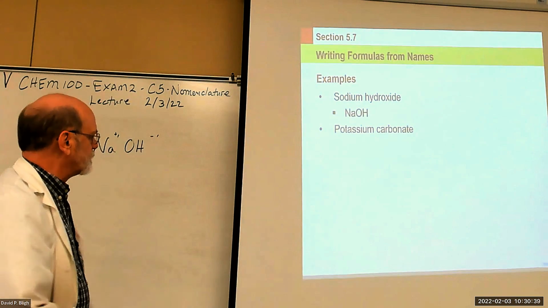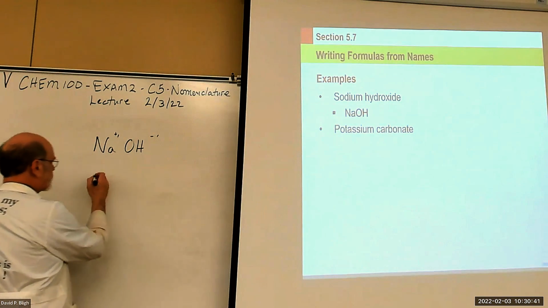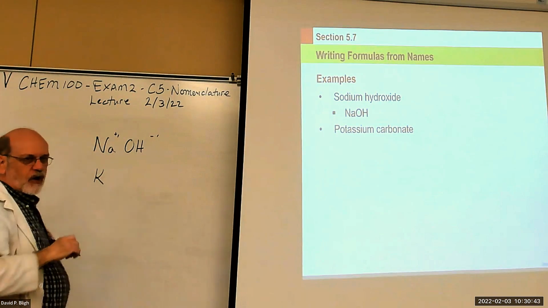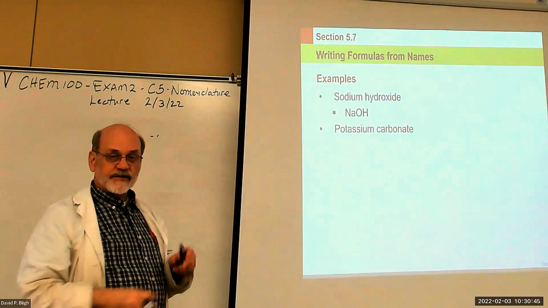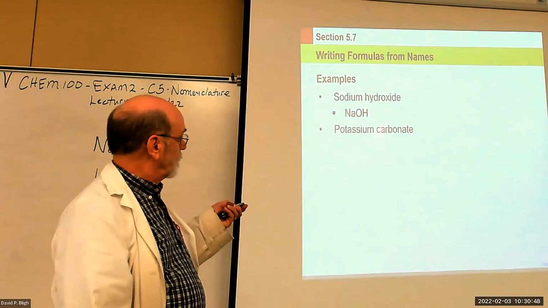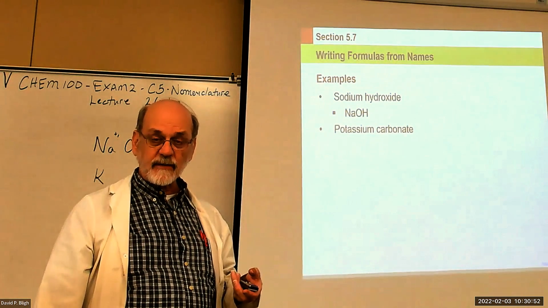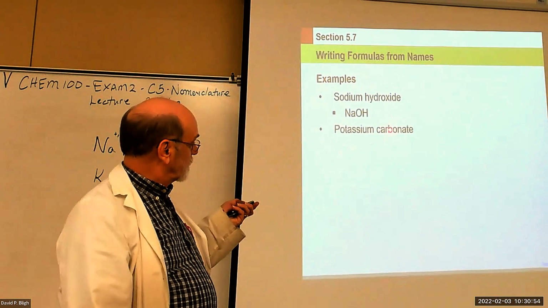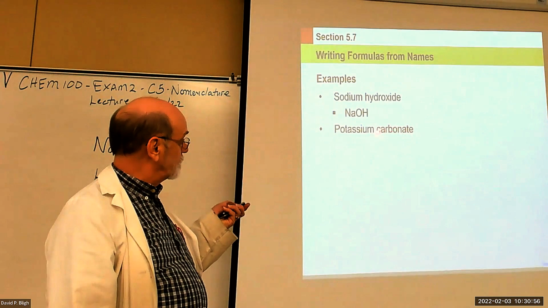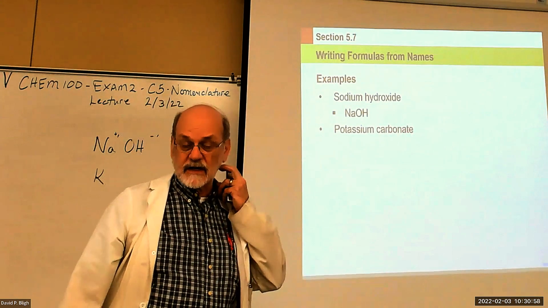Okay. How about potassium carbonate? Right? Potassium. What's carbonate? This is another giveaway. Besides the fact that there's no carbonate element in the periodic table, if you see ending in ATE, then you know there's oxygen in it.